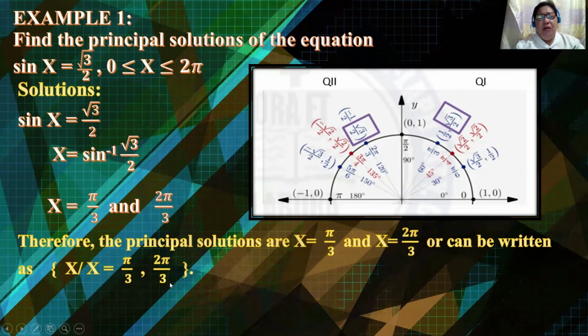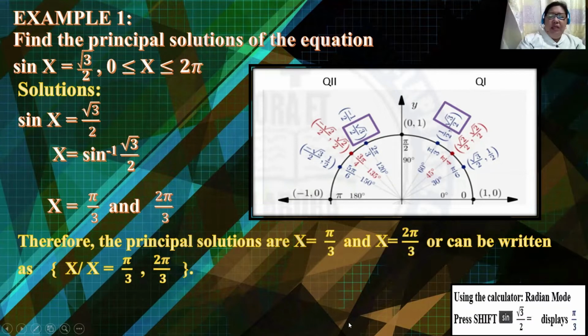Using the calculator, you can use the radian mode. Then you press shift sine, square root of 3 over 2, equals, then it will display pi over 3, which is a reference angle. And then to find the angle in the second quadrant, the angle is 2 pi over 3.